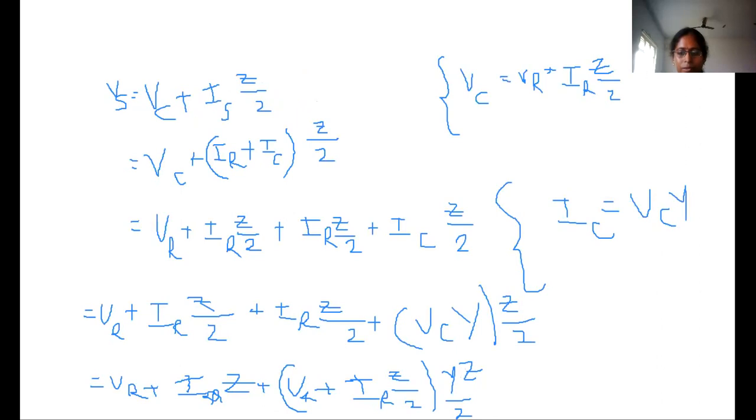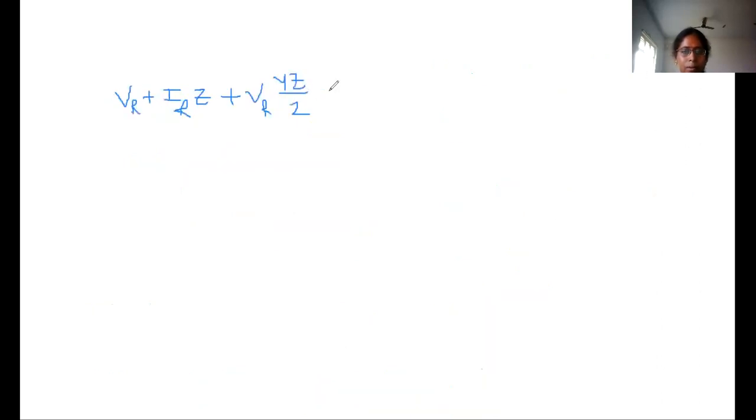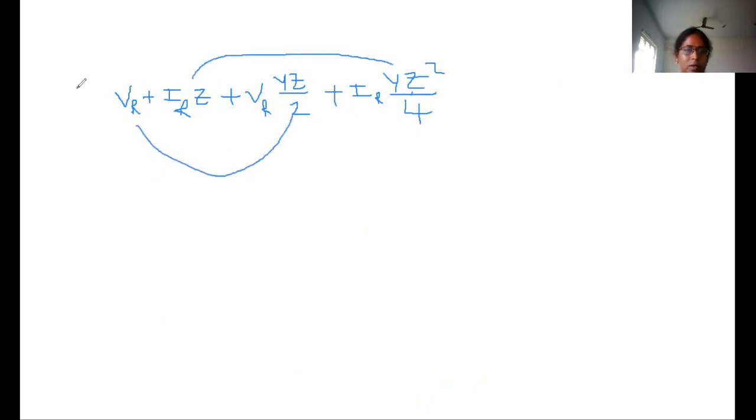Okay. In these two terms Vr is common, in these two terms Ir is common.